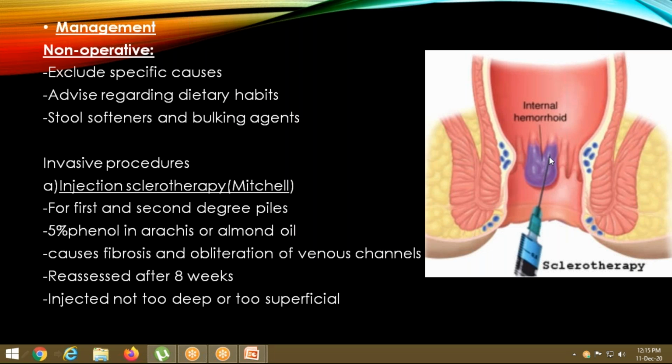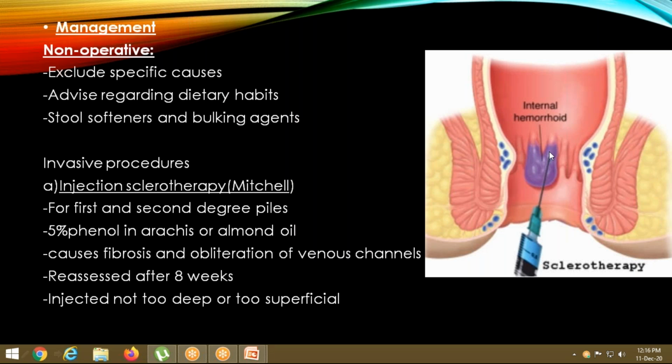The needle is not injected into the pile mass; it is injected into the base of the pedicle. You should remember, you should not inject into the pile mass. You guide the needle and inject 5 ml of sclerosant at the base of the pedicle, at 3 o'clock, 7 o'clock, and 11 o'clock.